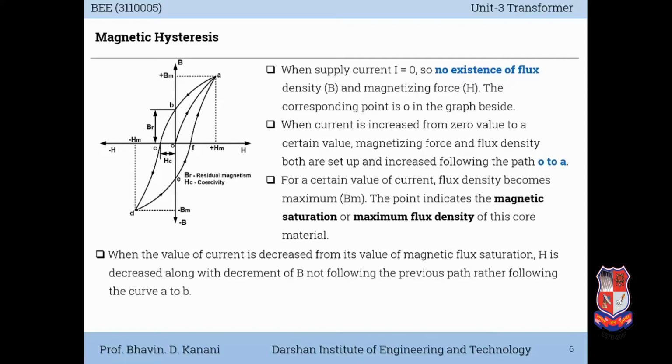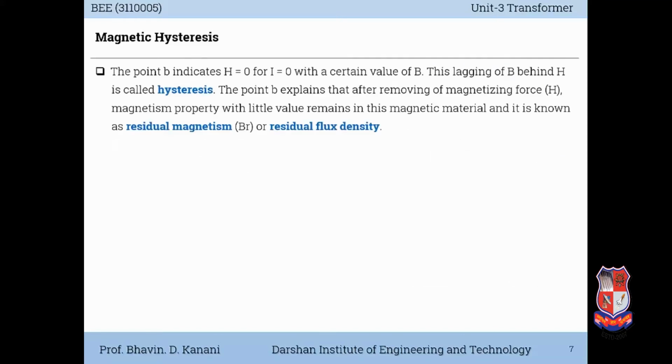When the value of current is decreased from its value of magnetic flux saturation, magnetizing force H is decreased along with decrement of flux density B, not following the previous path, rather following the curve A to B. The point B indicates H is equal to 0 for current I equal to 0 with a certain value of flux density B. This lagging of flux density B behind magnetizing force H is called hysteresis.